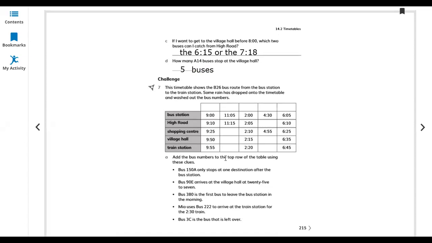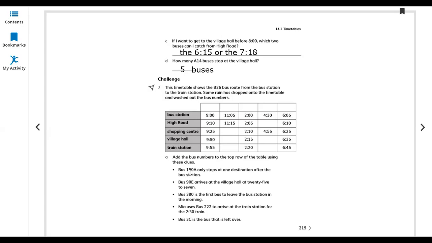Add the bus numbers to the top row of the table using these clues. Bus 150 only stops at one destination after the bus station. So which bus is this?